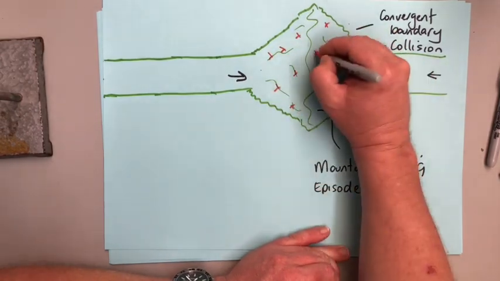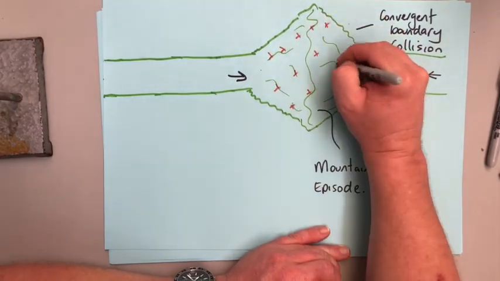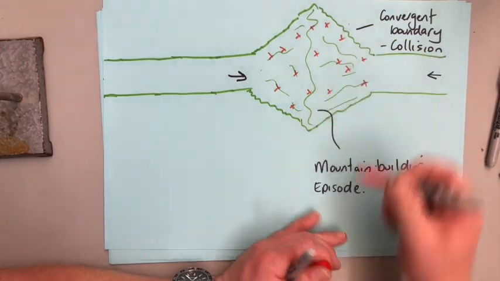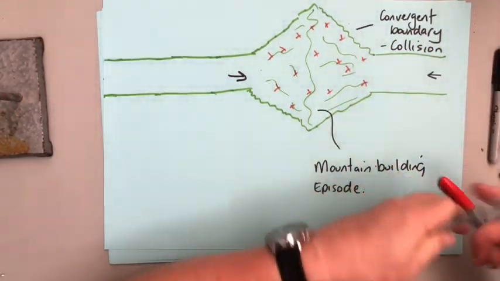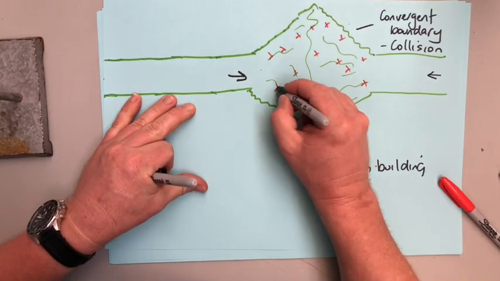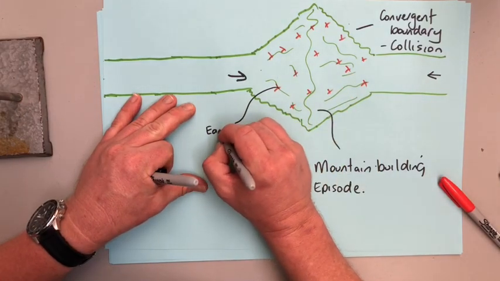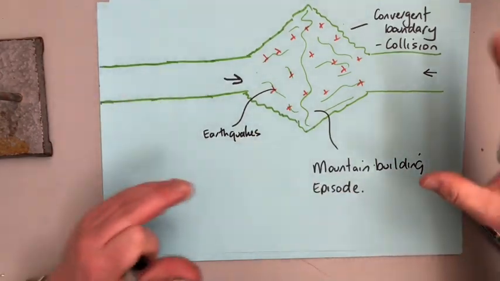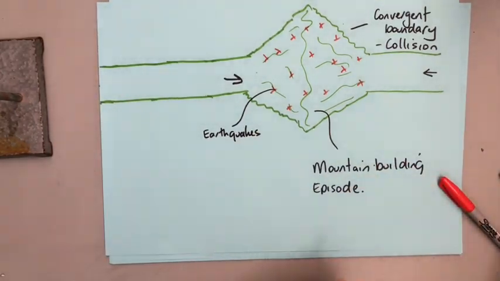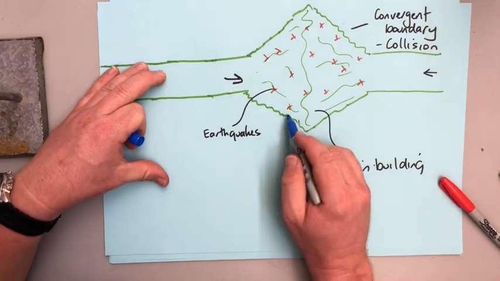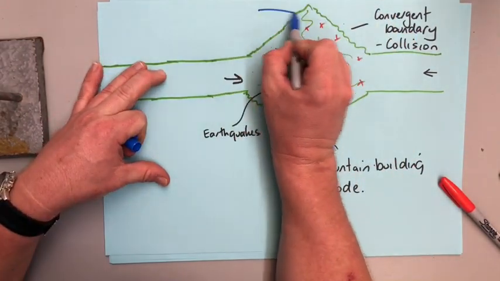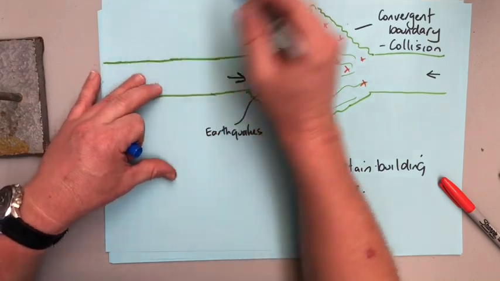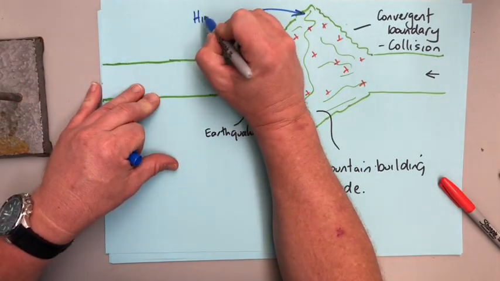Well, if you think about what's actually happening, everything's being squashed together, and the earth is being crushed and pushed apart. An example of a location where this is happening, well, if we think about this very tall peak here, we know this would be something like the Himalayas.